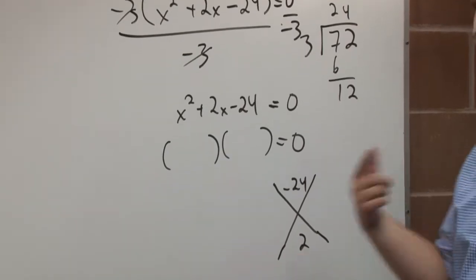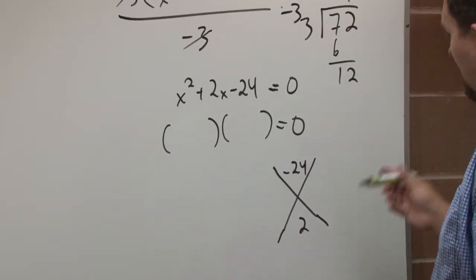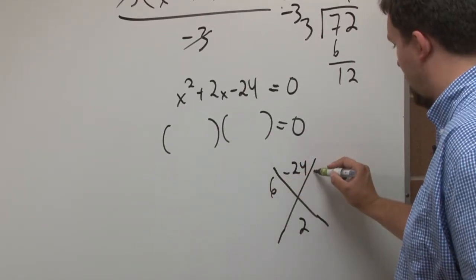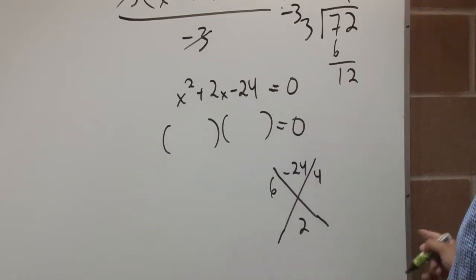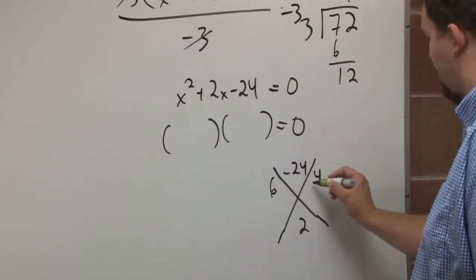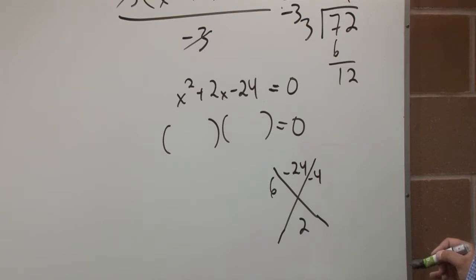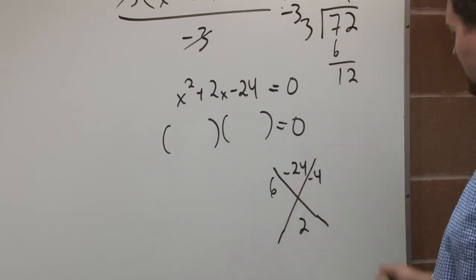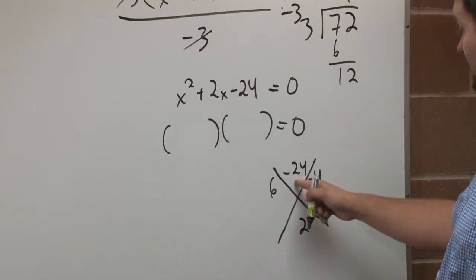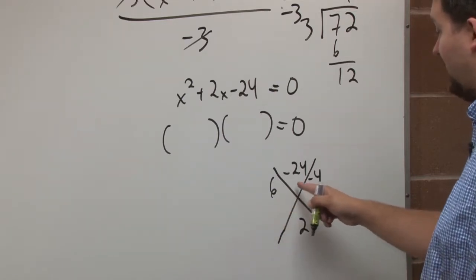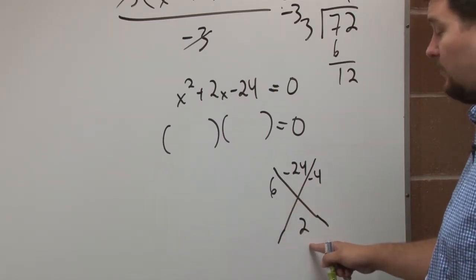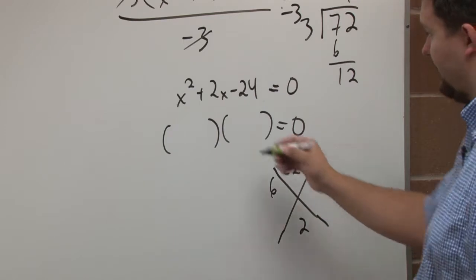And I just run through the ideas of what it might be. Well, I know 6 times 4 is 24, but I have to make one of them negative, so I guess I'll make that guy negative. And hey, that works. So 6 times -4 is -24, and 6 plus a -4 is just 2. So that works. Great, I got it on the first shot.